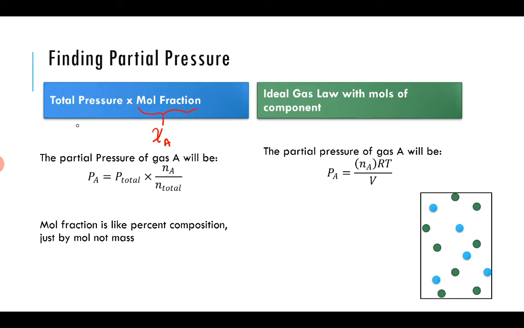So if you want to know the partial pressure of component A, then the partial pressure of component A will be equal to the moles of A divided by the total number of moles times your total pressure. So partial pressure is equal to P total times nA divided by n total. And so this is what we call the mole fraction.